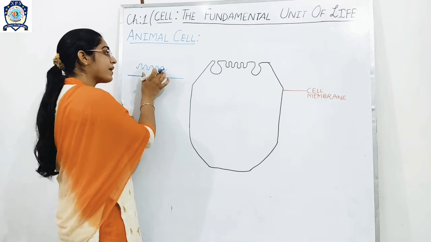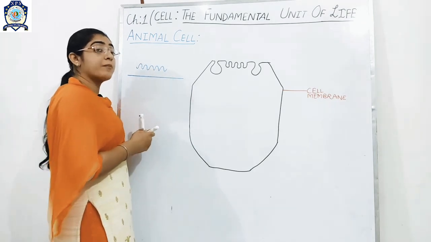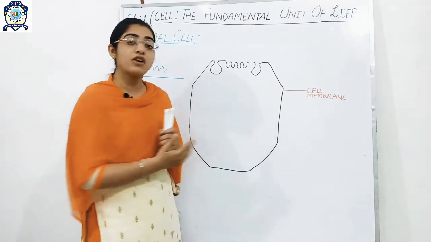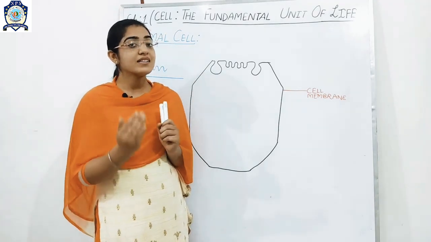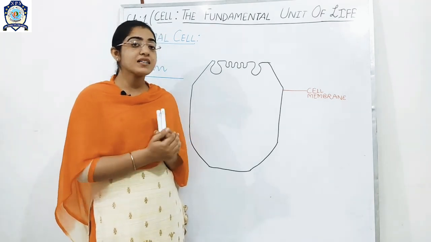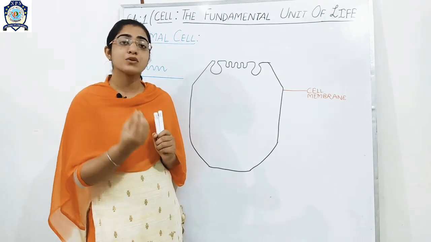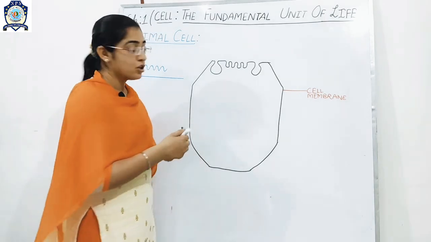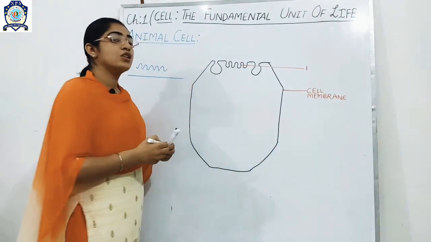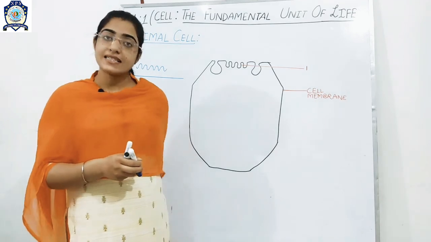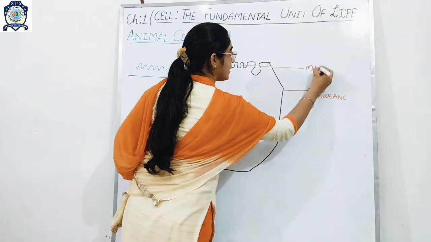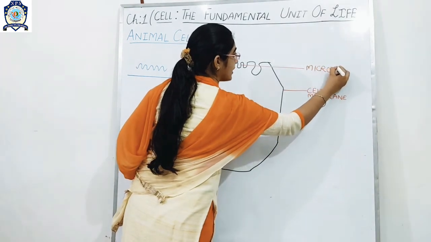So what is the benefit of these infoldings? These infoldings are present to increase the surface area, or to maximize the area for the absorption of material. So here we will label it as the microvilli.